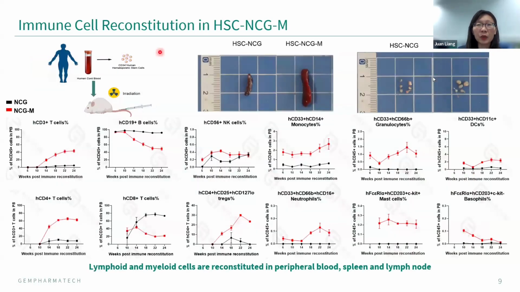Before we start to introduce the autoimmune disease model, I would like to give some information about this immune cell reconstitution mouse, the HSC-NCG mice. As indicated here, the red curve is the NCGM mice and the black one is the NCG mice.